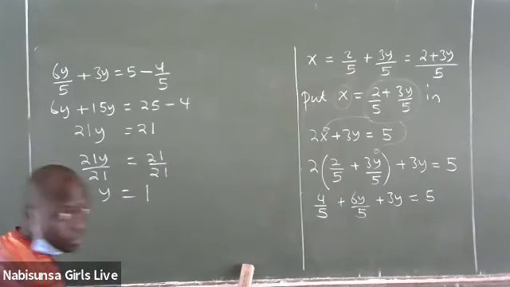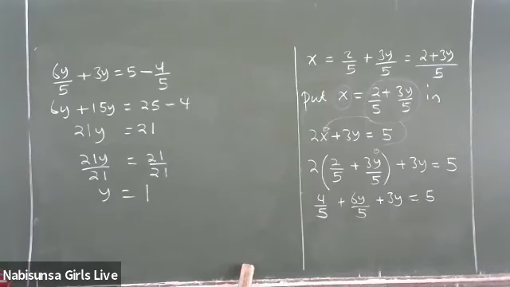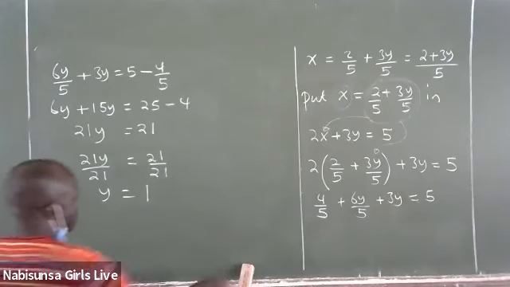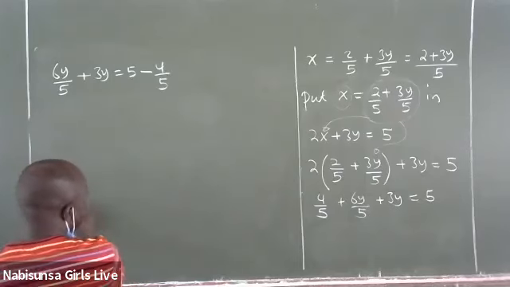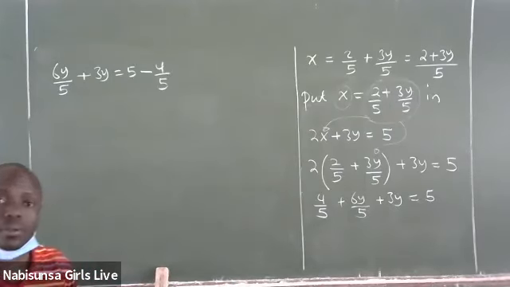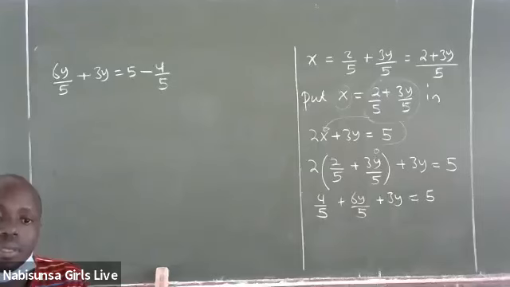Excuse me, teacher. Yes, Remina. Teacher, how have you multiplied these ones here on this step? 6y plus 15y is equal to 25 minus 4. Have you grouped them, then multiplied by 5? Yeah, Remina, do you agree that the LCM of the denominators is 5?